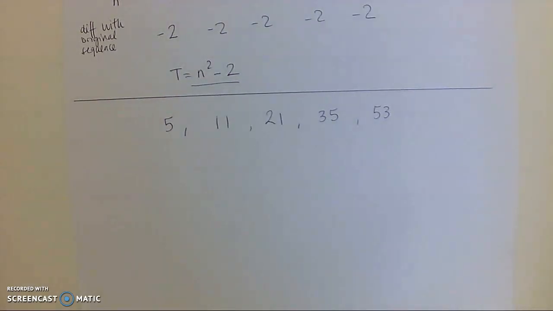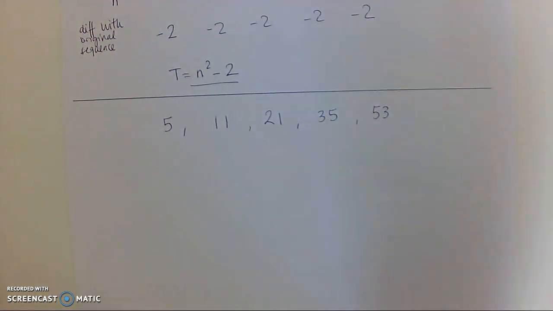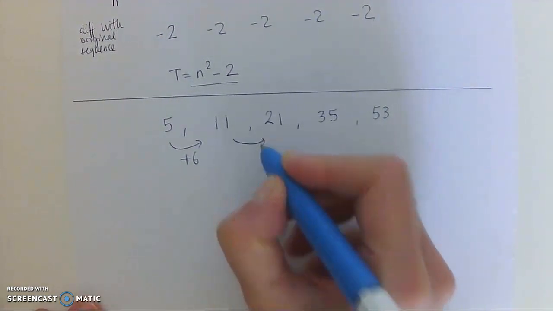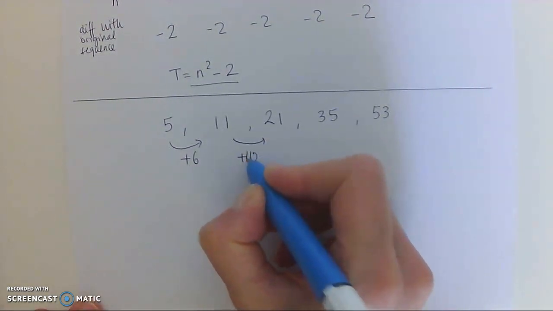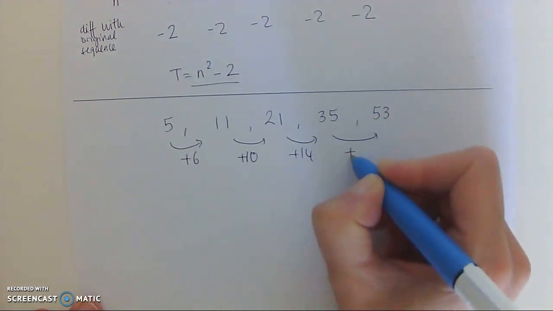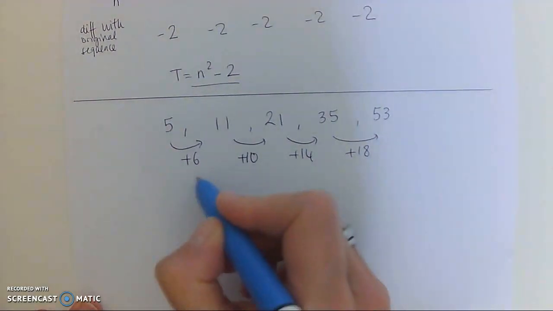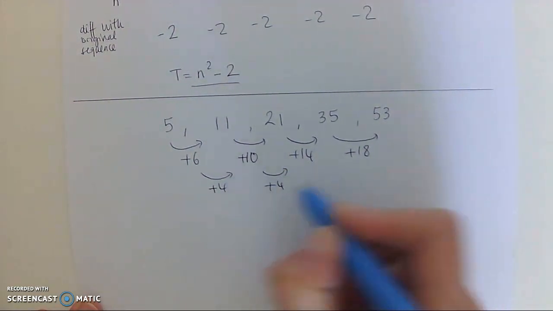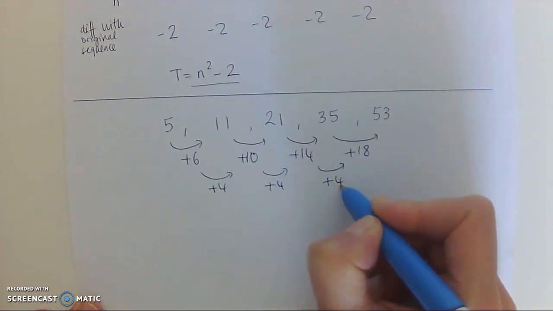Well, we're going to do a second one before you have a go yourself. So what if we start with 5, 11, 21, 35, and 53? But again, we check the first difference. We get 6, 10, 14, and 18. But when we look at the second difference, we notice we get 4 each time.